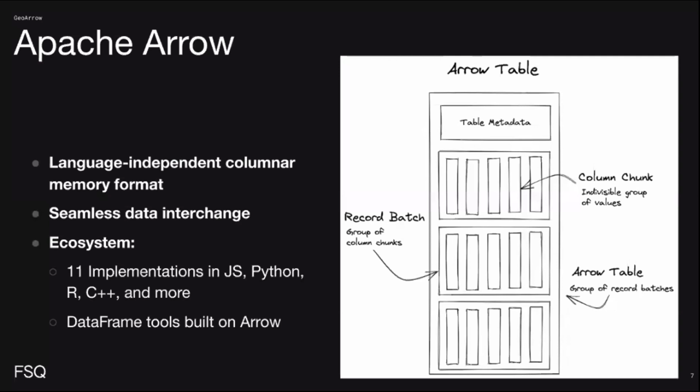And the big goal of Apache Arrow is to enable really seamless data interchange. So outside the browser, for example, Python and C++ and Rust and different languages can use the same memory, even if some other process created that Arrow memory. So it makes it really efficient.